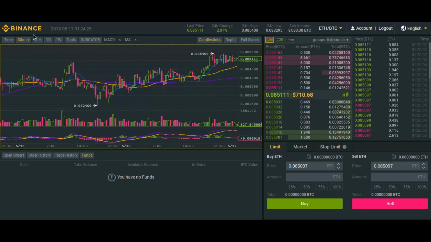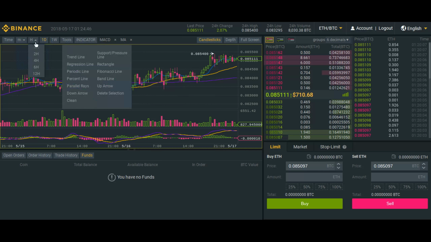So off top, you still have the same minute options: 1 minute, 5 minute, 15 minute, 30 minute. The same hour options: 1, 2, 4, 6, and 12. 1 day, 1 week. And now when we get over here and we look at tools, right?